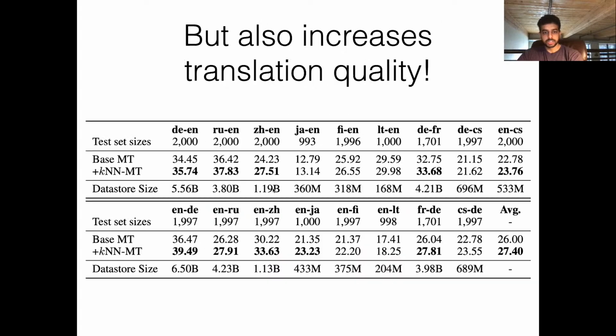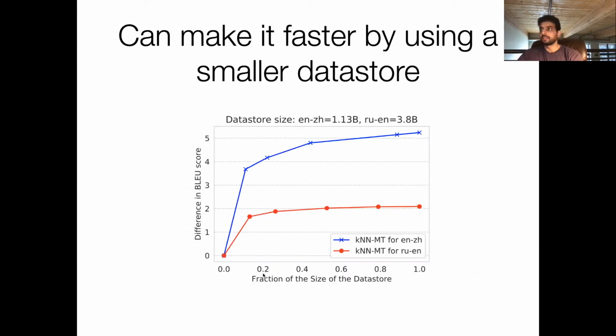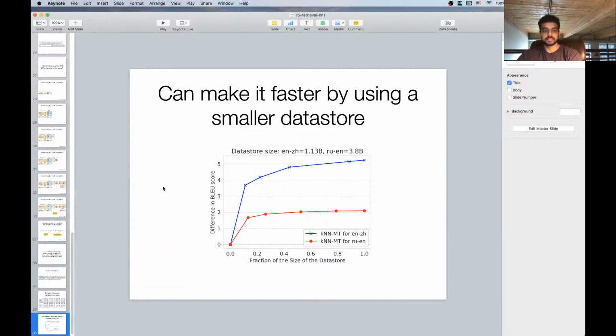English to Chinese, which is 1.13 billion examples. But most of the improvement comes within, say, the first 100 million or so. And you get decreasing gains, although this curve looks like it's still increasing. On Russian to English, it looks like you don't actually get any improvements beyond some point. So if you're interested in speed up, you could consider using a smaller representation index.